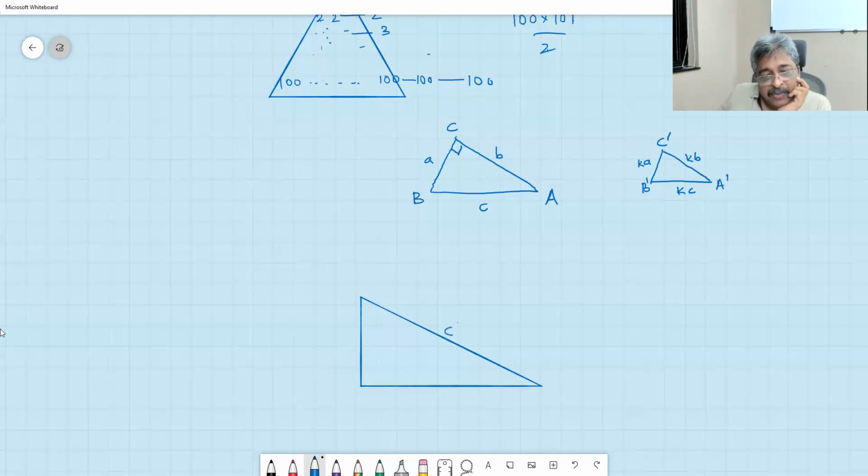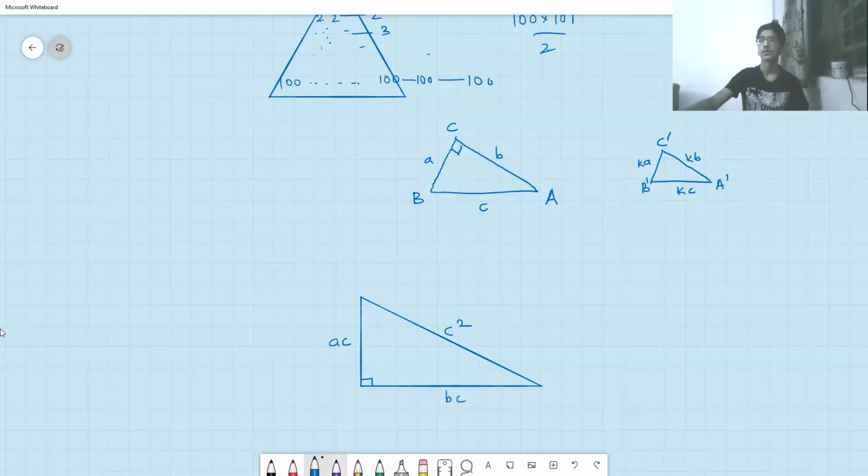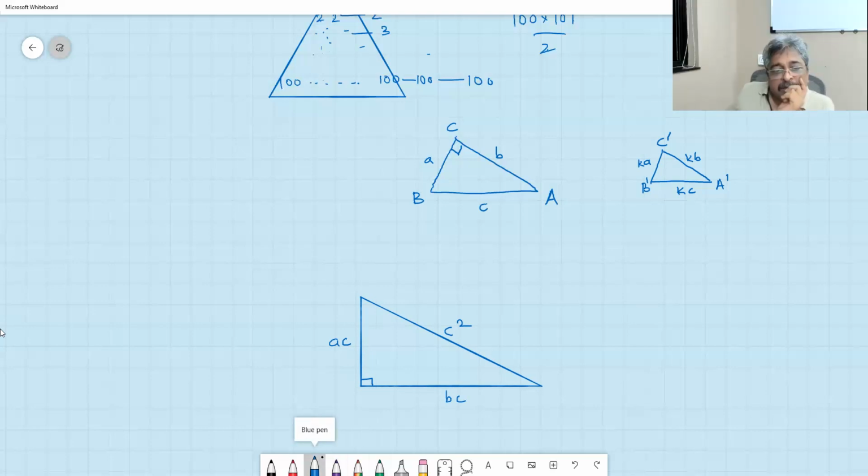So this side is C square, and this fellow is supposed to be similar to this. This is right angle and this is also right angle. So what should be the side, smaller side? Isn't it going to be AC? Is this going to be BC? Yes or no? Are you understanding or not?